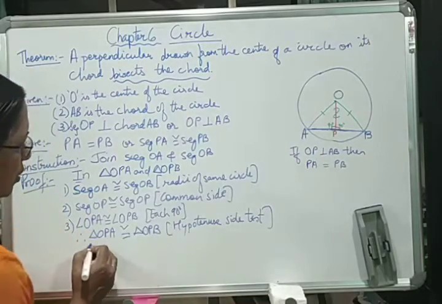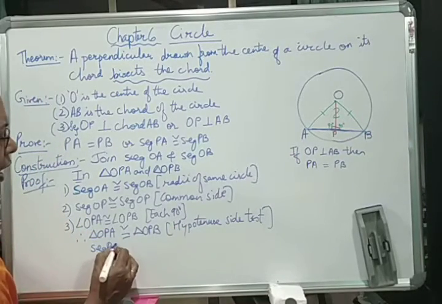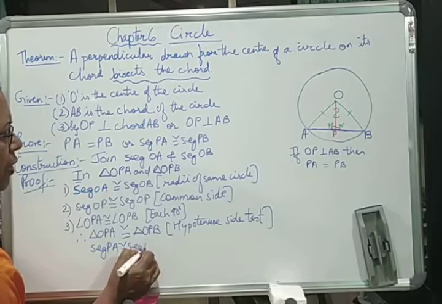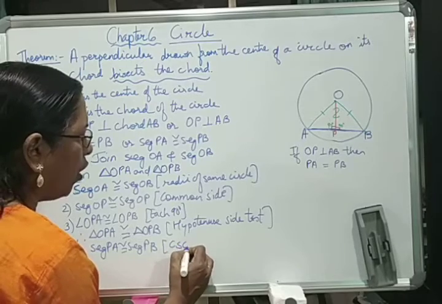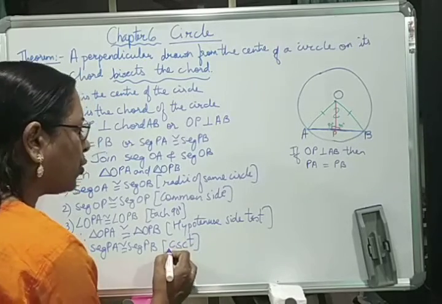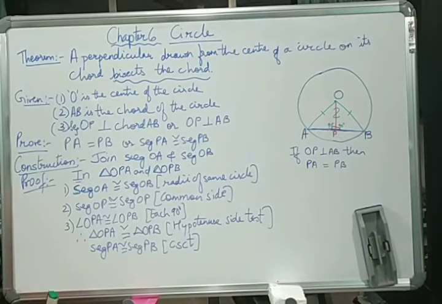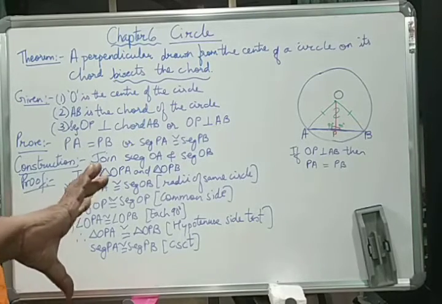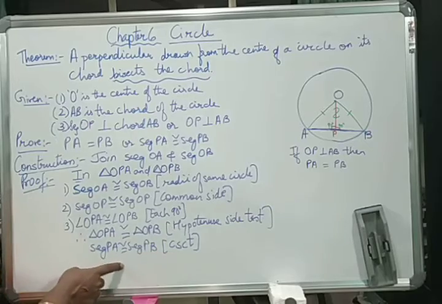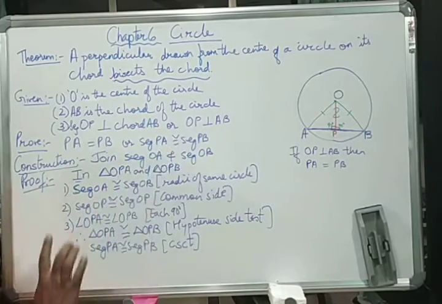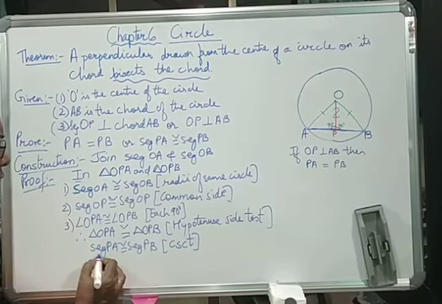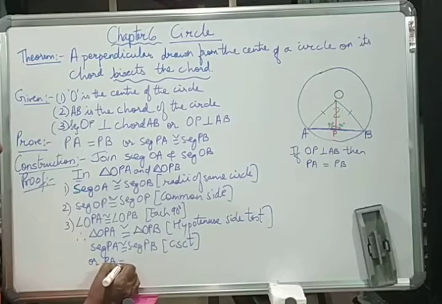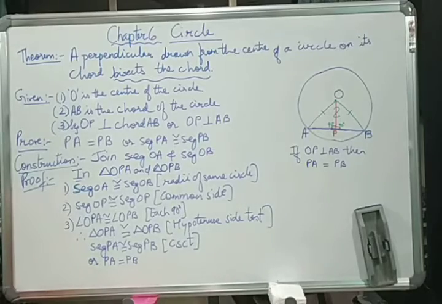And then you write down segment PA is congruent to segment PB by corresponding sides of congruent triangles. This you can write down with the initials. There is no need to write down the full form for this case. So this is what we have proved over here. When you remove the segment, then you can write down PA is equal to PB. When you put equal sign, then no need of writing segment.